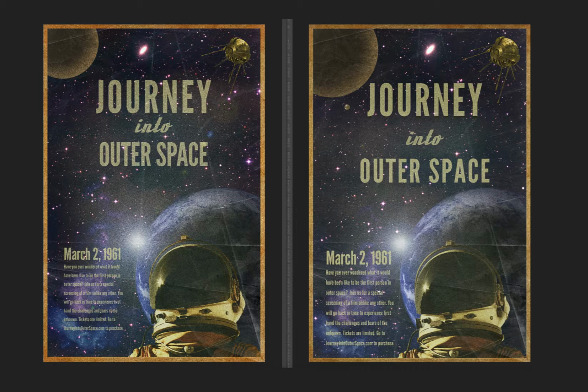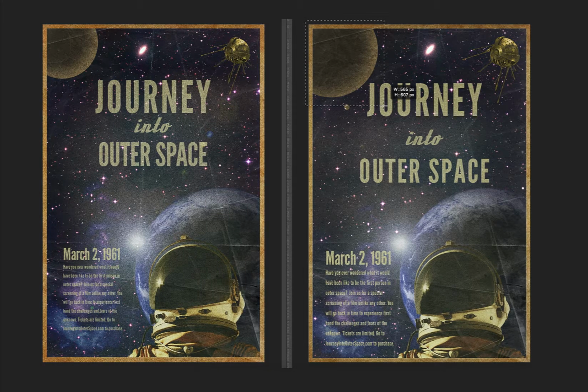Let's go back to the student example. Obviously, the moon on the right is a little bit larger than the moon on the left. That one's obvious. The satellite's a little bit larger. The space between the lines of text in the student's work is quite a bit more than that on the left.